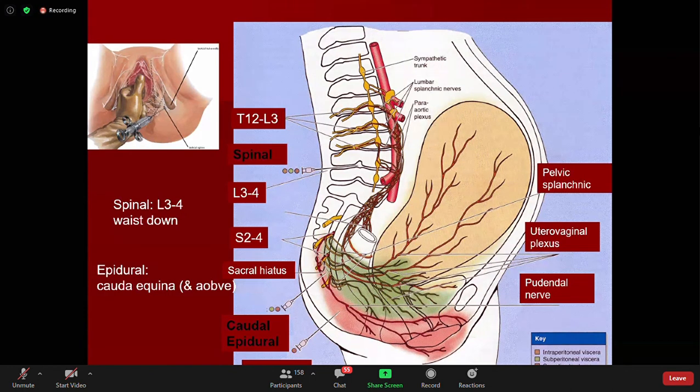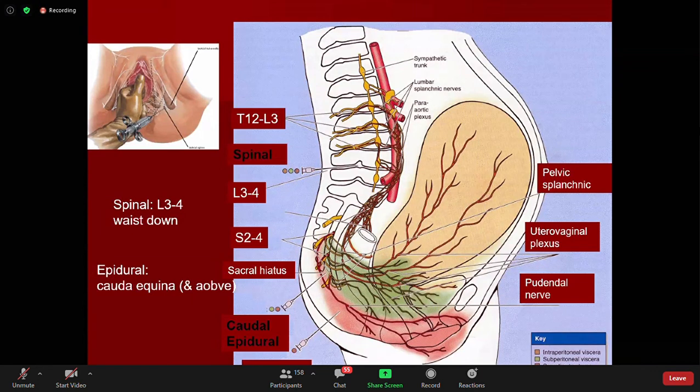The lower part of the uterus is parasympathetic. It receives parasympathetic fibers coming from S2, 3, 4. So pain fibers will hitchhike and go back to spinal cord segments S2, 3, and 4.